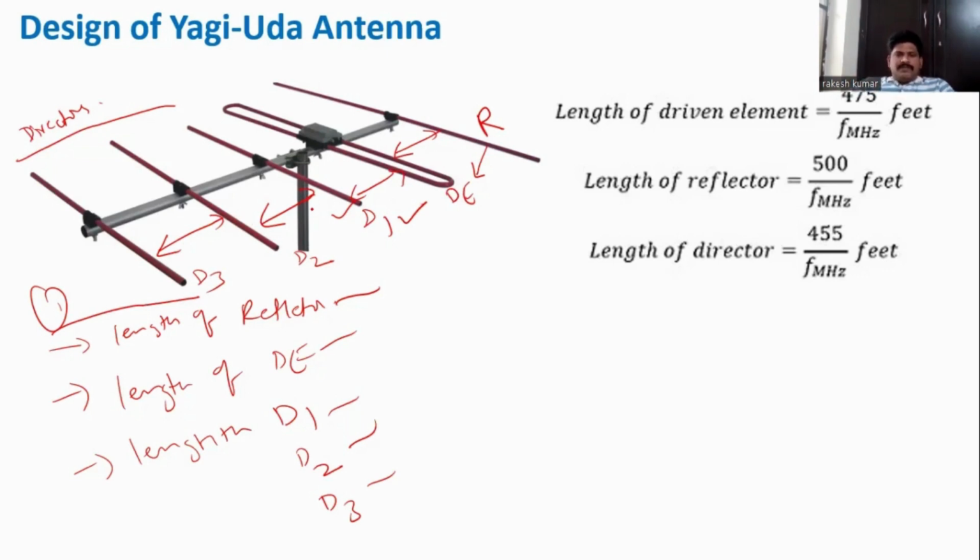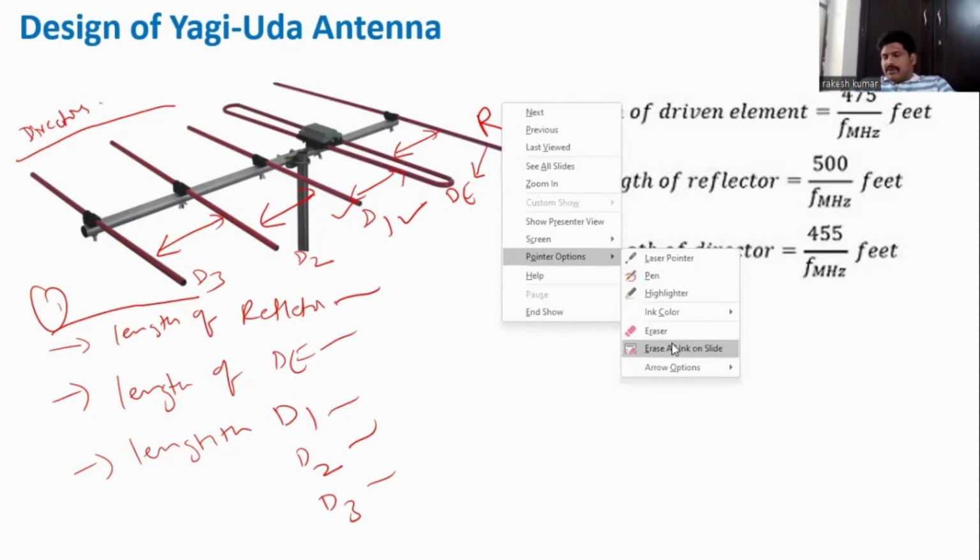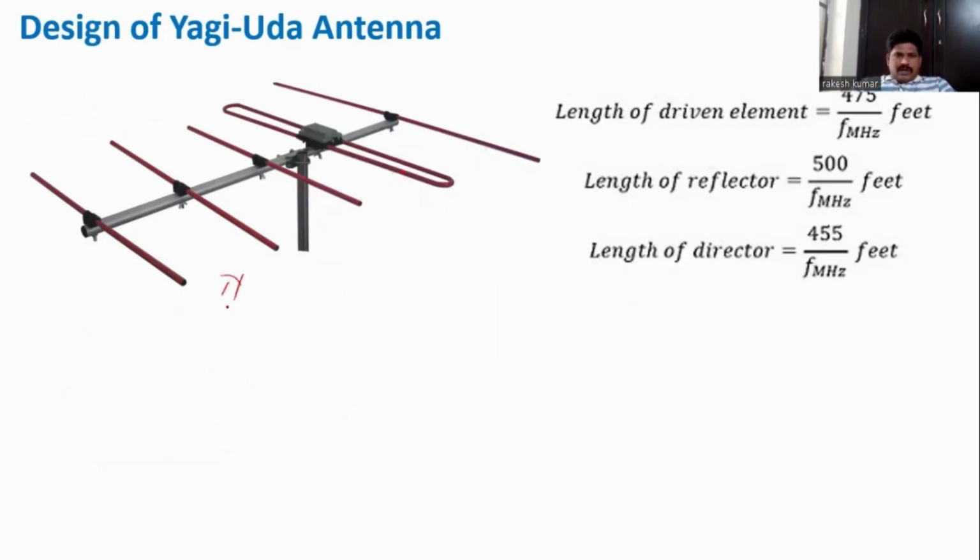Generally, here we are considering the length of the driven element as lambda by 2. What is lambda? Lambda means C by F, and the length is lambda by 2. C means 3 into 10 to the power of 8, and F is the frequency.